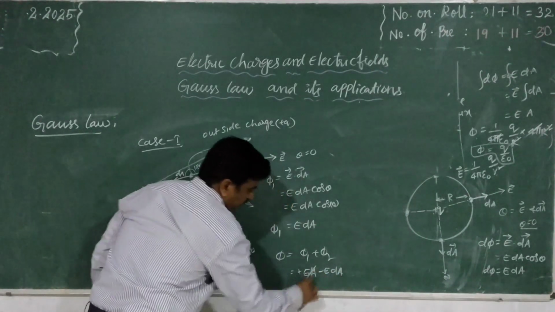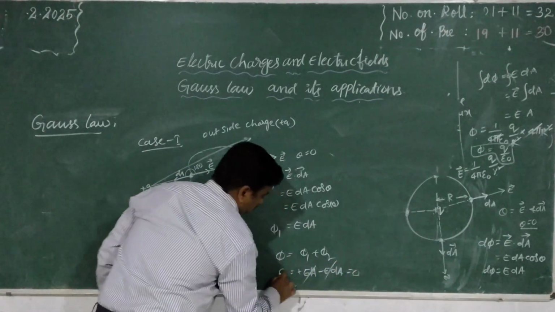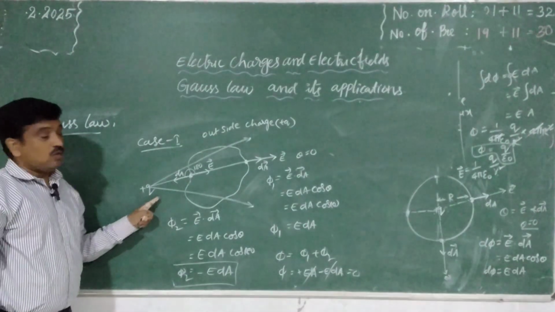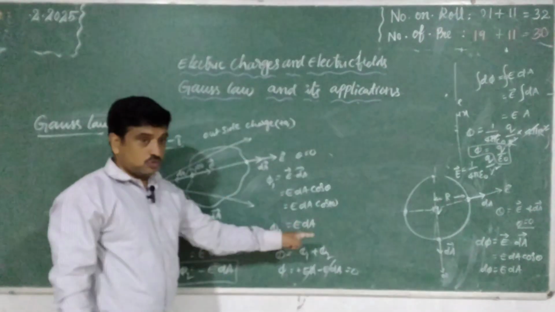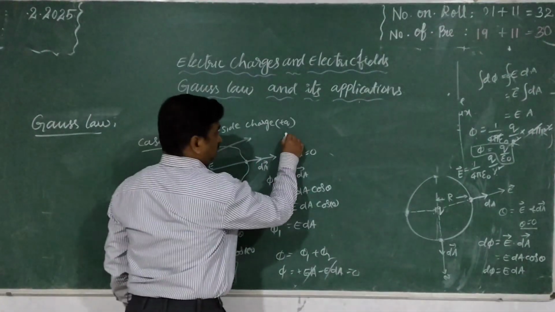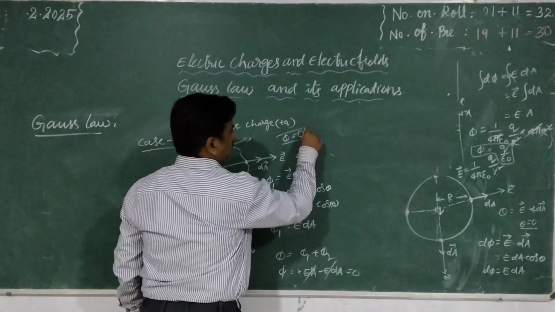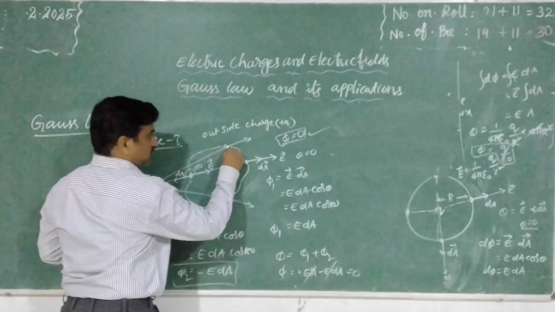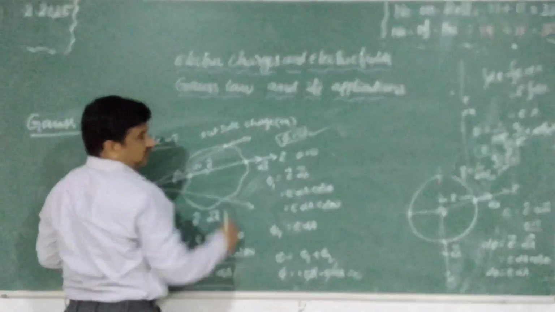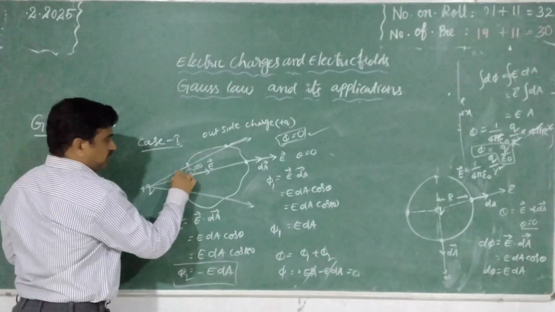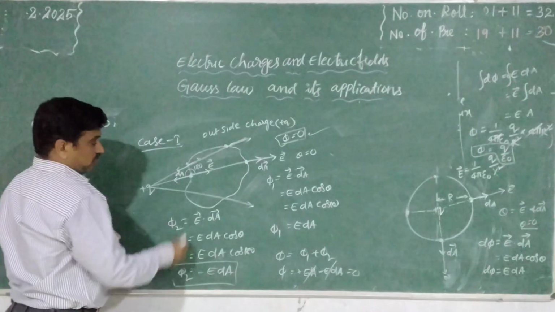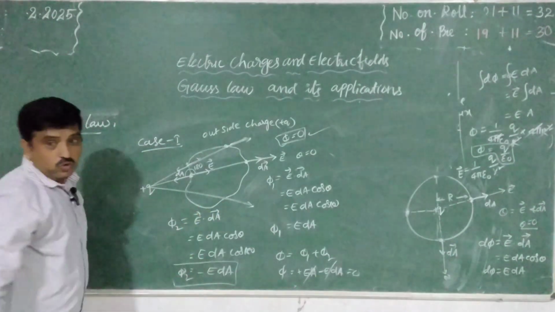So plus EdA minus EdA is 0. That is the flux through the closed surface when the charge is outside. It is not nonzero; the flux through a closed surface when the charge is outside is 0. Here also, the area vector is the outward normal and this direction is the electric field vector, so again the flux is 0.